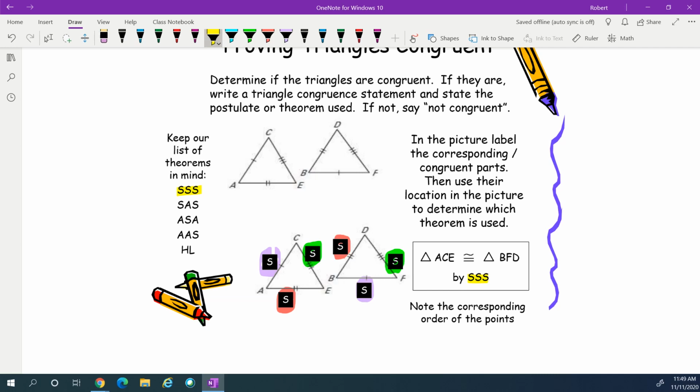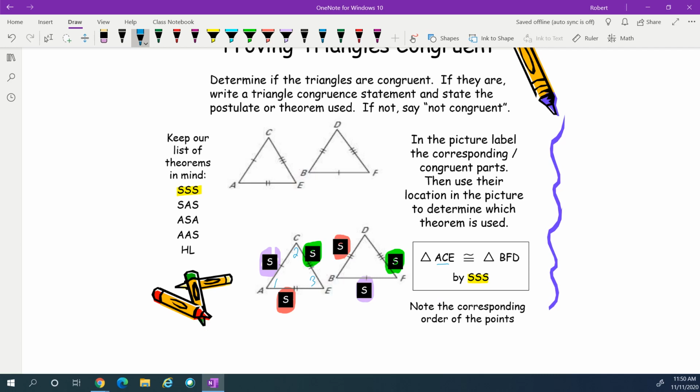Now I have to write the congruent statement in corresponding order. So the first triangle, again, however I want. It doesn't matter. Do the first triangle however you want to. So I chose ACE. Letter 1, angle 1, angle 2, angle 3, or corner 1, vertex 1, vertex 2, vertex 3.